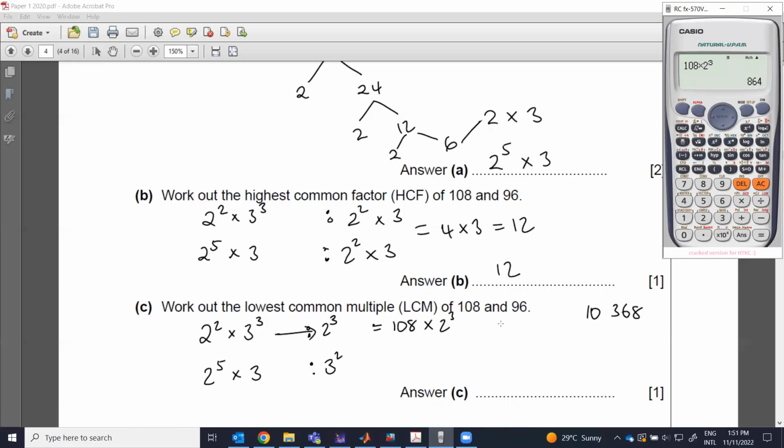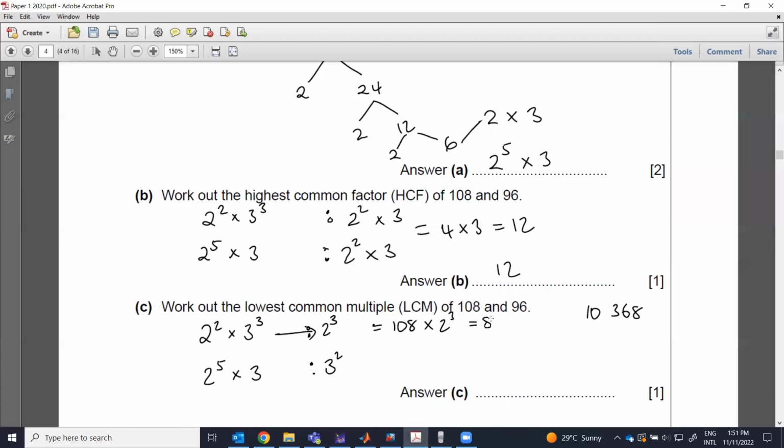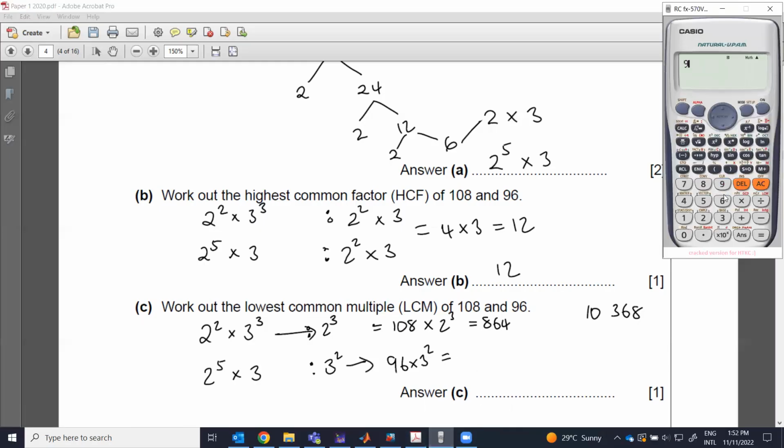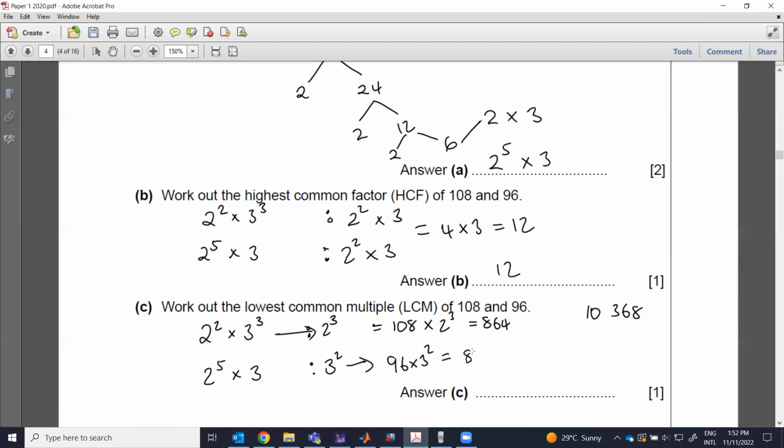This gives me 864. And then here, this 2 to the power of 5 times 3 gives me 96 times 3 squared. This is also 864.